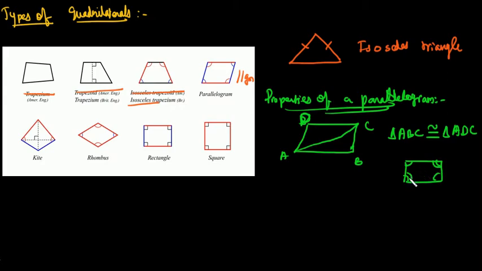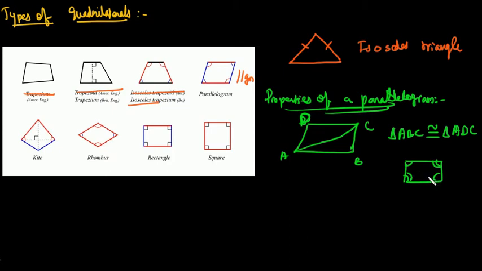It is the converse of the previous theorem. What is another theorem? If a pair of opposite sides of a quadrilateral is equal and parallel, then it is a parallelogram. Everything is obvious, you don't have to memorize anything.